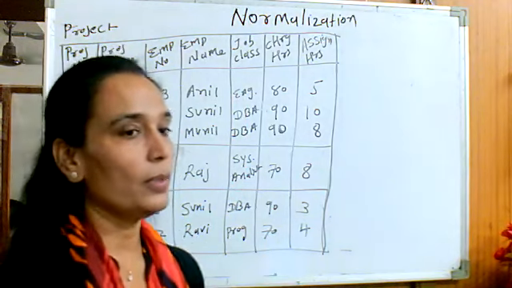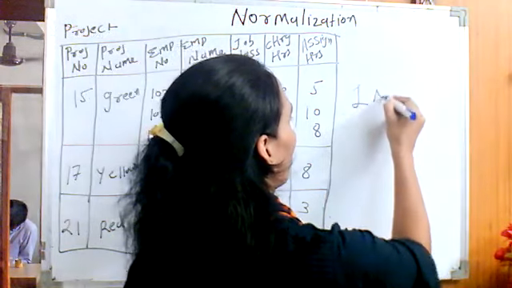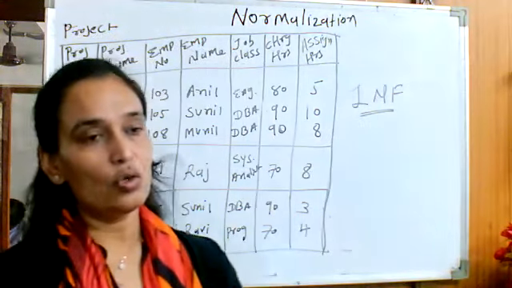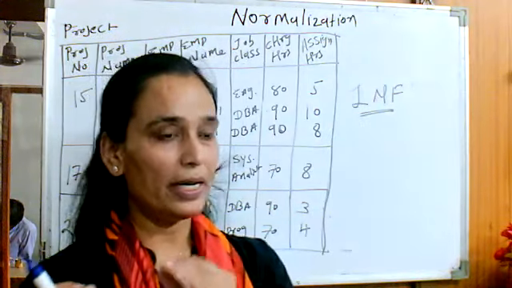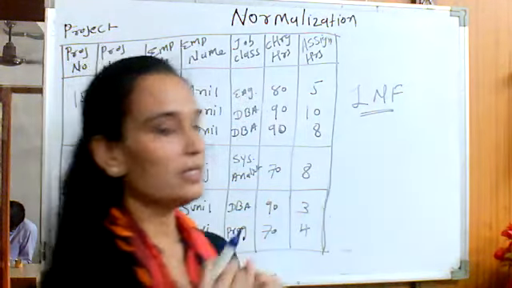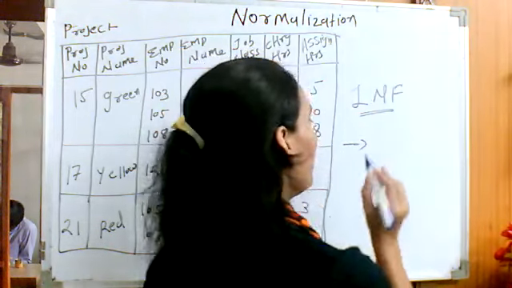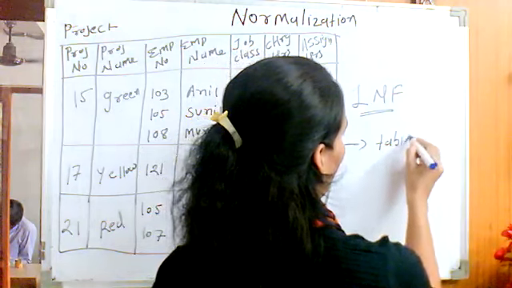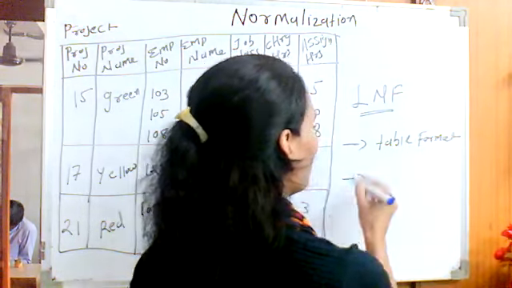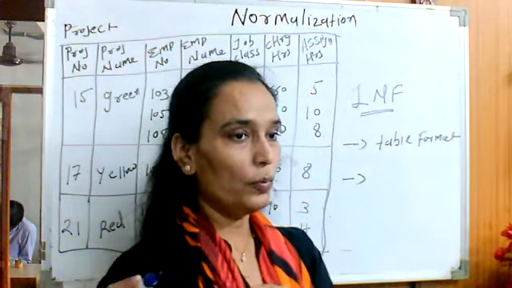What is first normal form? What is the requirement of first normal form? Any table is called in first normal form if and only if it satisfies some conditions. Which conditions? First, data should be in table format. Second, there should be no repeating group in the table.